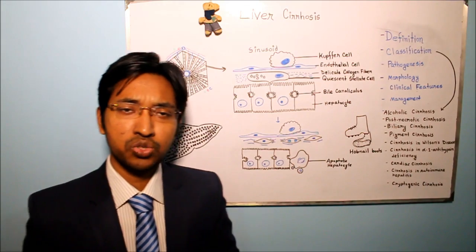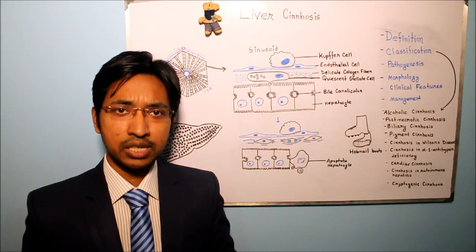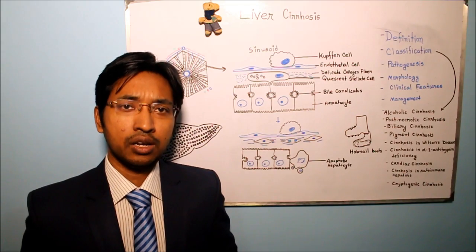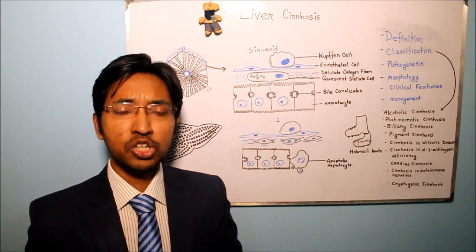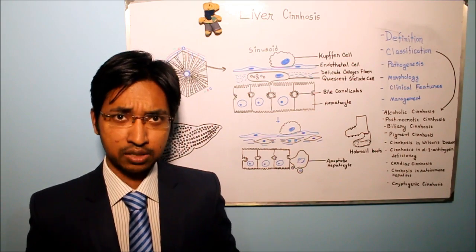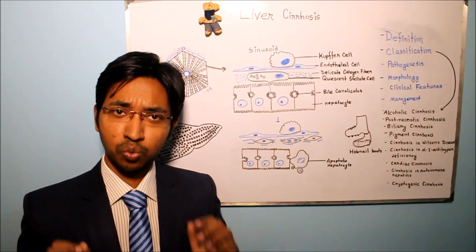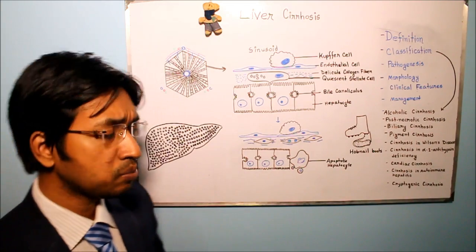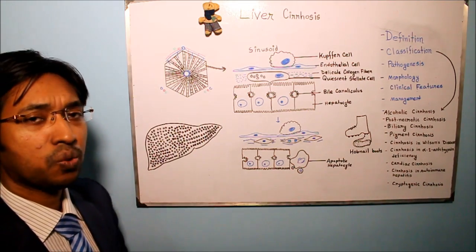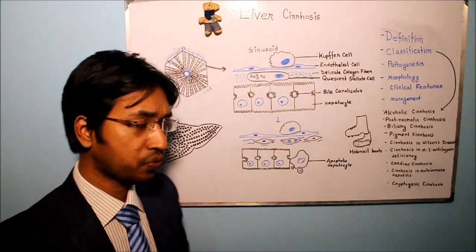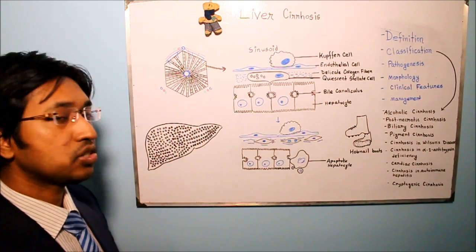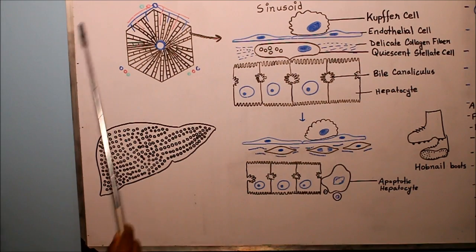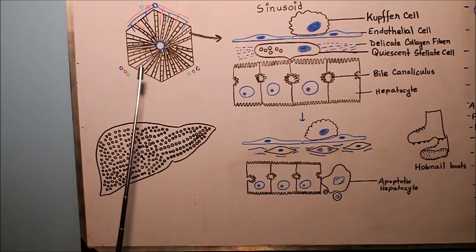Recall from your histology classes, we had seen that liver is divided into numerous lobules and they measure between 1 to 2 millimeters in diameter. And I have also drawn a simplified hepatic lobule in the whiteboard, as you can see. So let's first focus on this image. So this is a simplified image of a hepatic lobule.